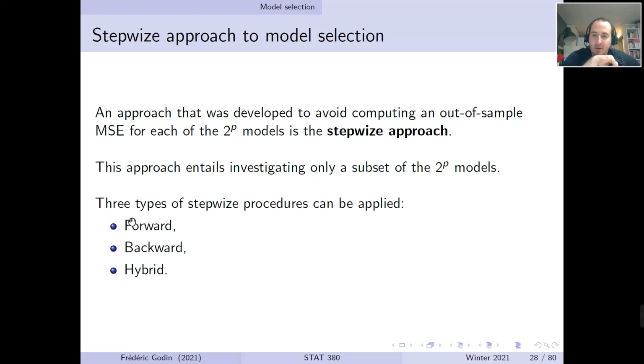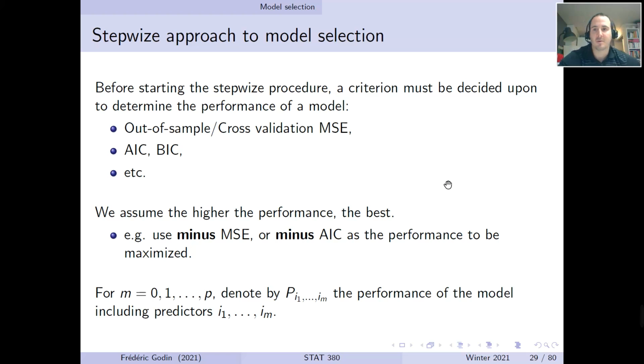So we will illustrate more thoroughly the forward approach, but the backward and hybrid, once you understand the forward approach, these two have many similarities, so it's going to be straightforward to understand the last two. Okay, so let's illustrate the forward approach as a way to understand the stepwise methods for variable selection.